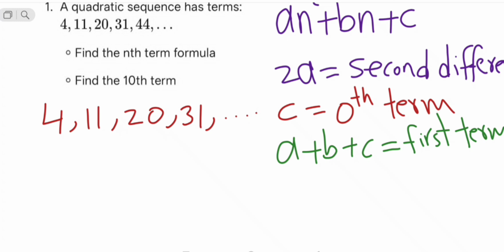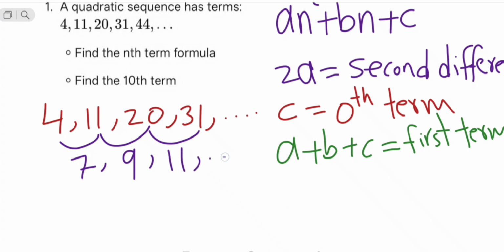Look at the first difference. What is the first difference? 4 to 11 is 7. 11 to 20 is 9. 20 to 31 is 11, and so on. This is the first difference. The first difference is not the same.